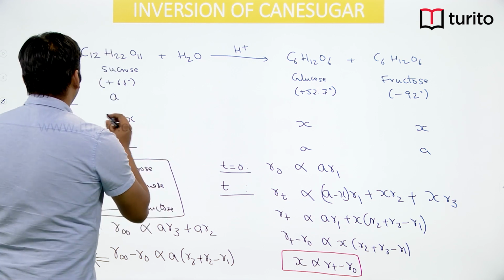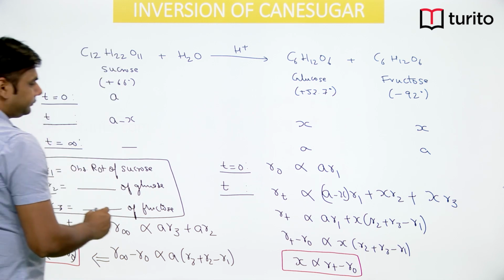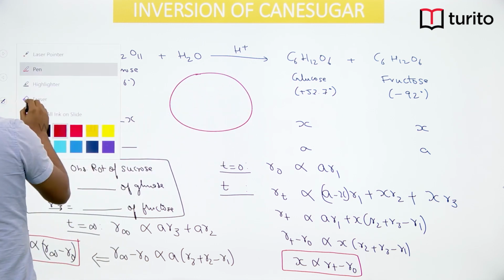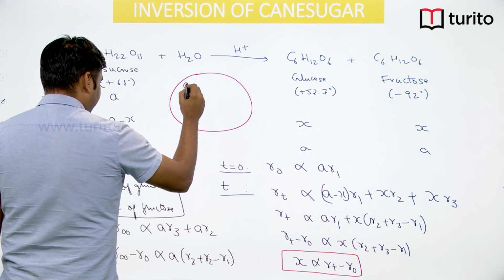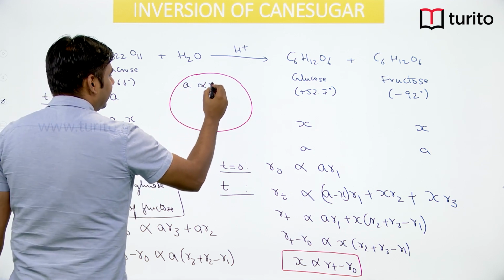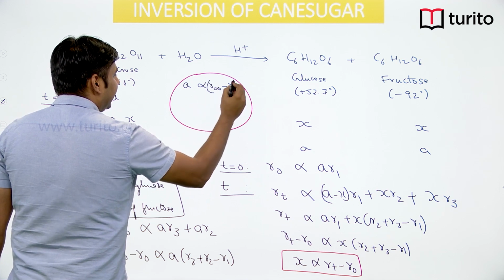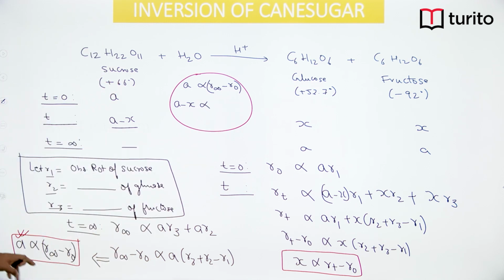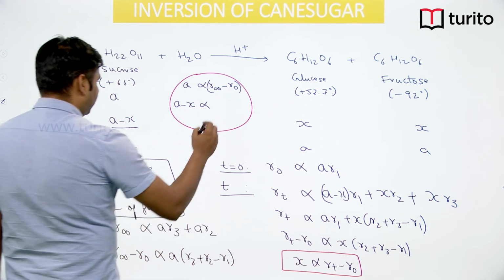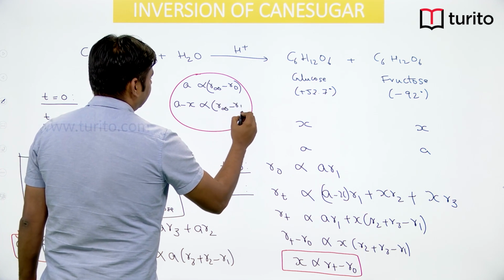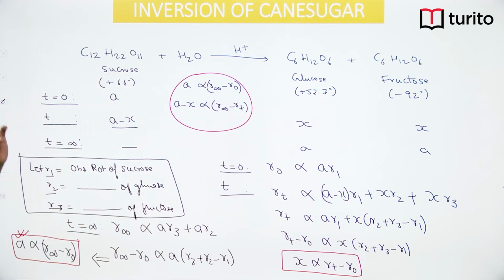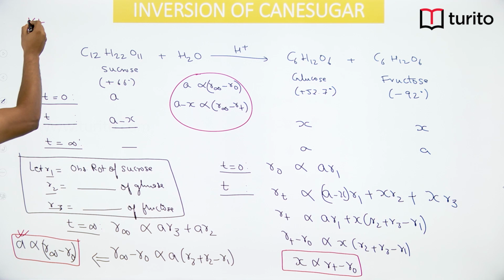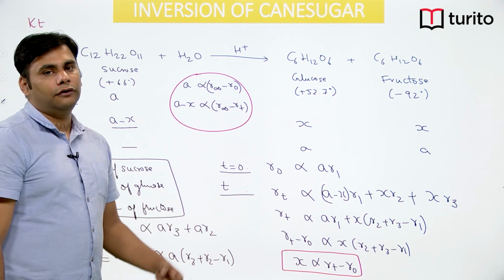So A minus X would be proportional to, A was this, X was this, so this will be proportional to R infinity minus RT. Okay, because this is a pseudo first order reaction, we know that for a pseudo first order reaction, KT, this K is the rate constant for the pseudo first order reaction.